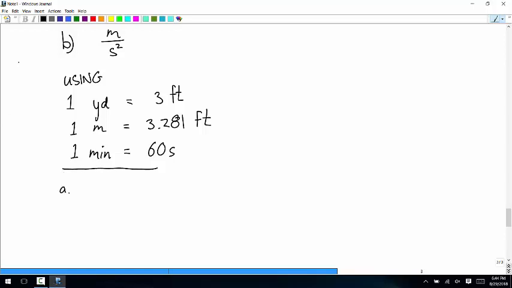Okay, so for part A, we're starting out with 38,640 yards divided by minutes squared. I'm going to write that as minutes times minutes.